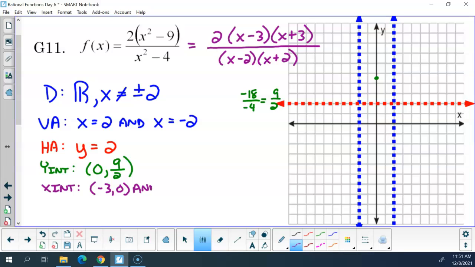And x minus 3 equals 0, so you get 3 comma 0. Luckily, you already factored it in step 0, so you just got to set the factors equal to 0.